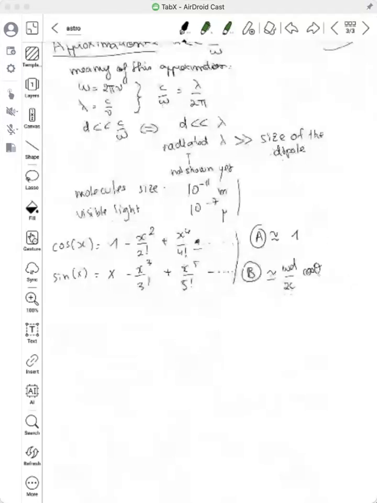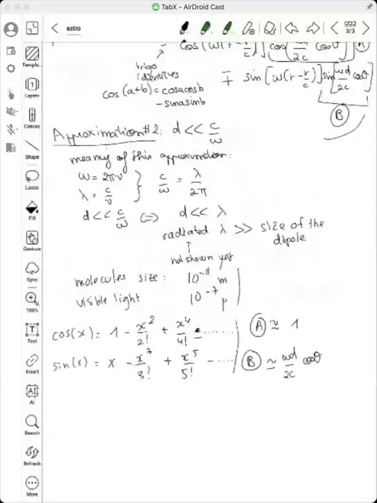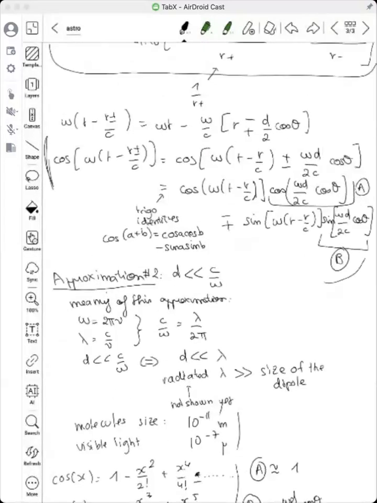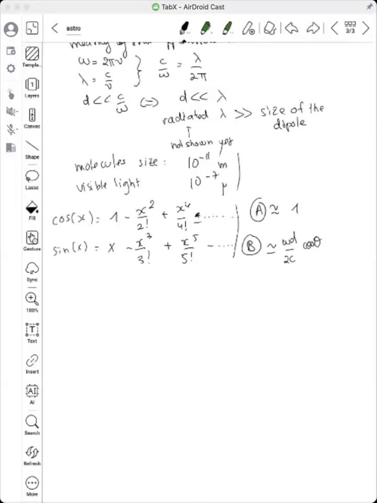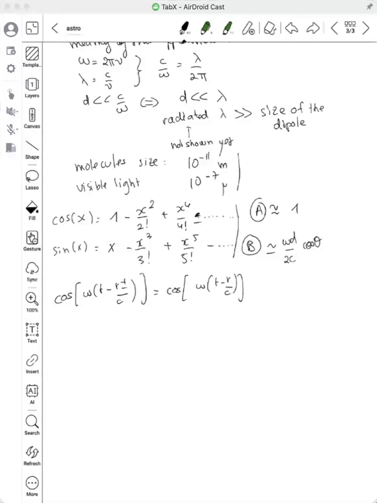So the expression I had here, I can rewrite with this approximation: cosinus omega t minus r plus minus over c is equal to cosinus omega t minus r over c times 1, since A is 1, minus plus omega over c cosinus theta, this is B, times sinus omega t minus r over c.